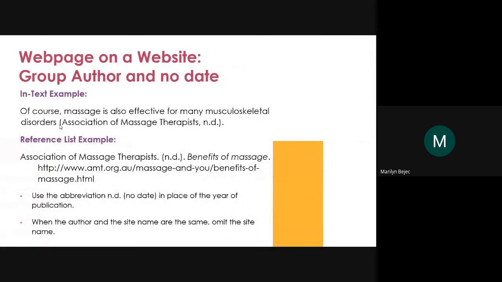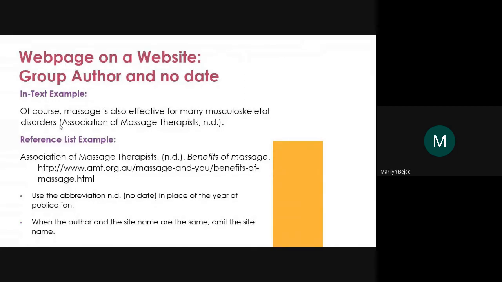For a web page on a website with a group author or no date. So you have your sample in text, you have the association or the group, and then n.d. stands for no date. In the reference list, you write the association, and then you put n period, d period, then the title of the article on the web, and then the URL or the web page.